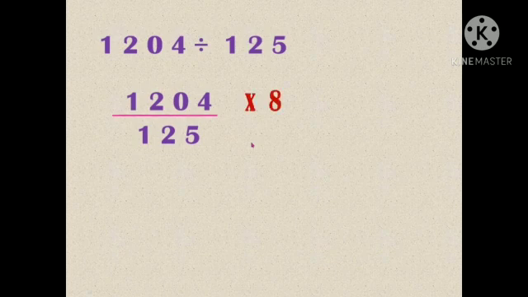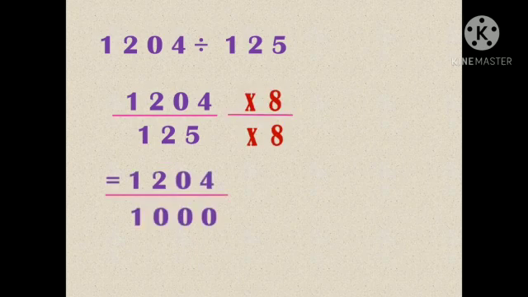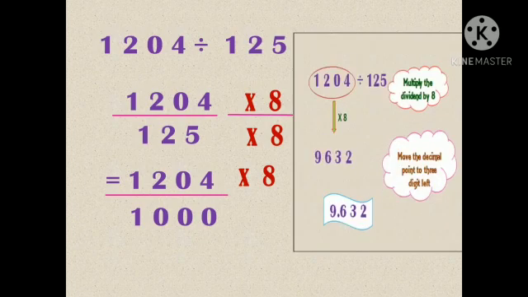If you want to make it 1000, we should multiply the numerator and denominator with 8. So after multiplying, we will get 1204 divided by 1000 into 8. So the meaning of this expression is we are supposed to multiply the dividend by 8. Next, we should divide that value by 1000. That is, we should move the decimal point 3 digits left. So this is the shortcut we have seen.